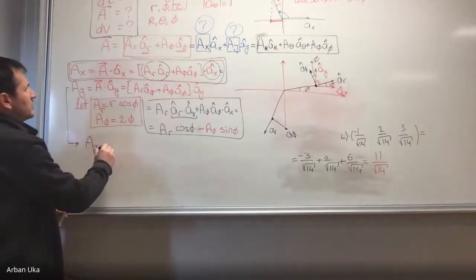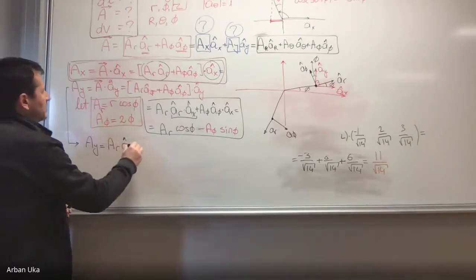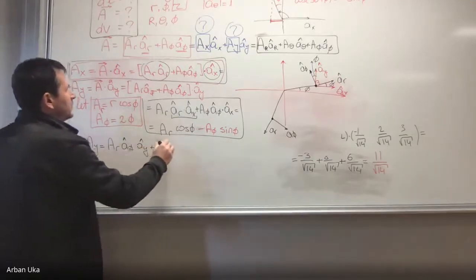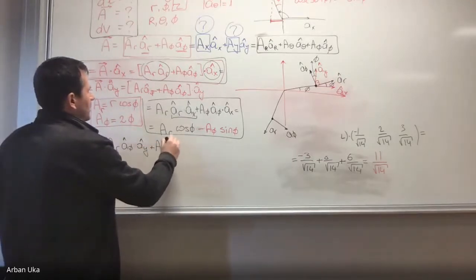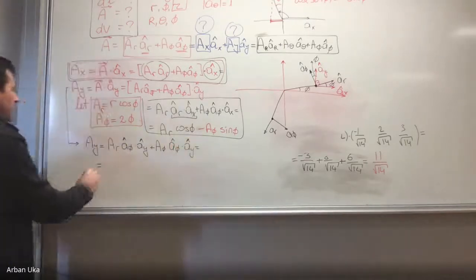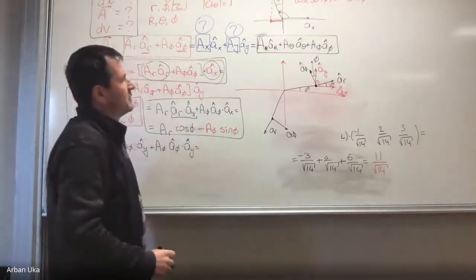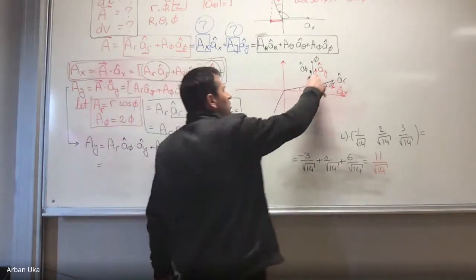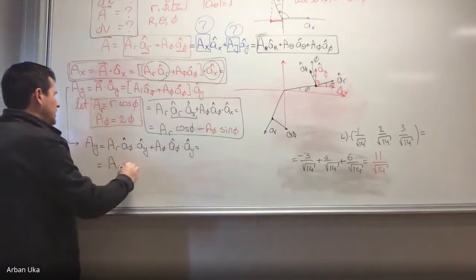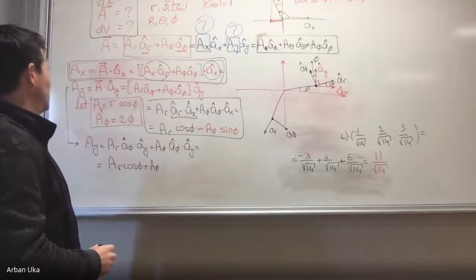AY is going to be equal to AR dot AY plus A phi dot AY. And here, what is A phi dot AY? The angle between these is just phi. So this is relatively easy. This is going to be AR cosine phi plus A phi dot AY.